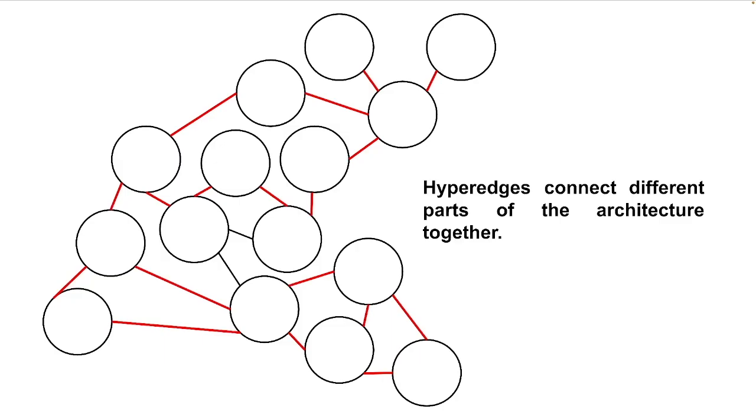Now, as I said before, after post-phylogeny construction, we want to take those components and assemble them into these hypergraphs. So we ask the question, what are hypergraphs? Hypergraphs are networks that have hypernodes and hyperedges.